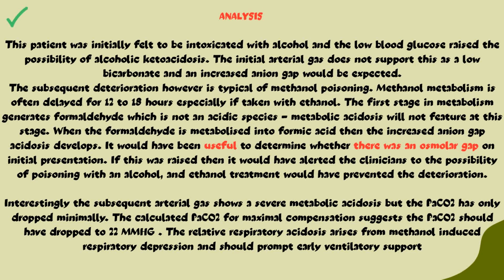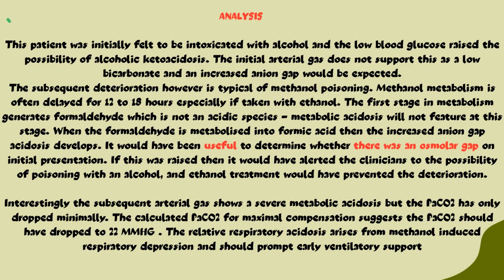So looking back at this patient's presentation, he initially presented to the ED with alcohol intoxication with a normal looking arterial blood gas and subsequently significantly deteriorated with a high anion gap. In our previous slides and discussions, we have discussed that there are two toxic alcohols that can present this way.